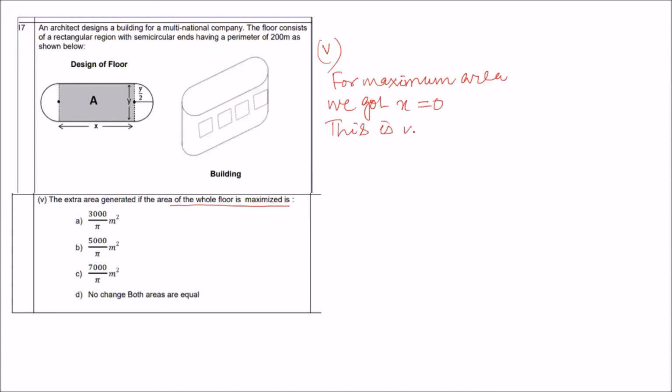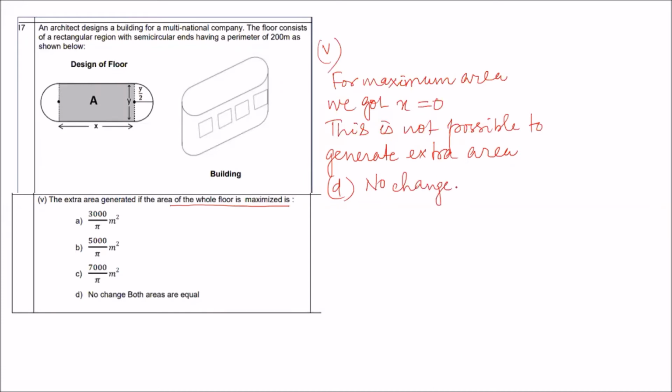I'm writing all this for your convenience, for your understanding. In MCQ question, you don't write anything. This is not possible to generate extra area. So which one will be answer? Answer will be no change in both areas. No change, or the previous area will be constant.